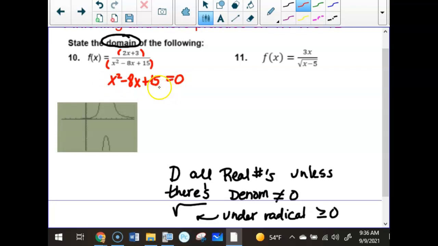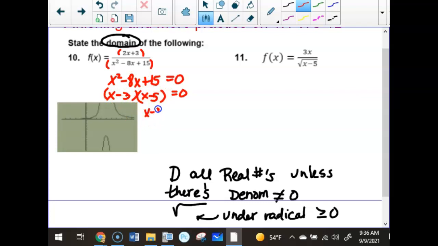How could we find those places? What could we do to that? Factors? How does it factor? Anybody awake? Factors of 15? Okay. Make an 8 in the middle, a negative 8. We're good?